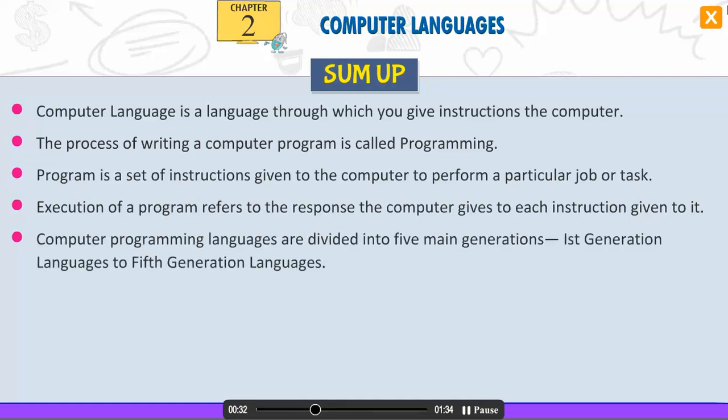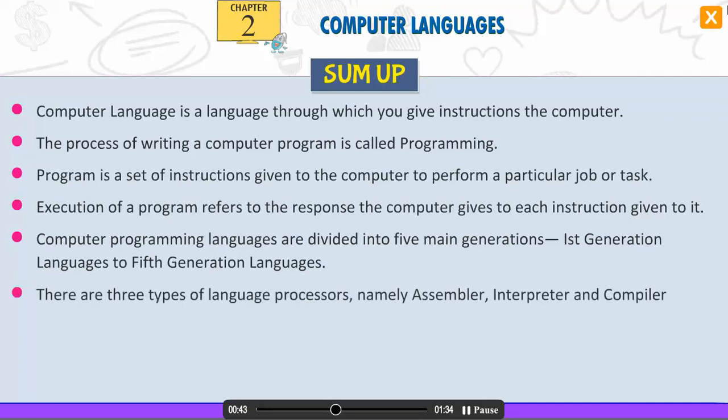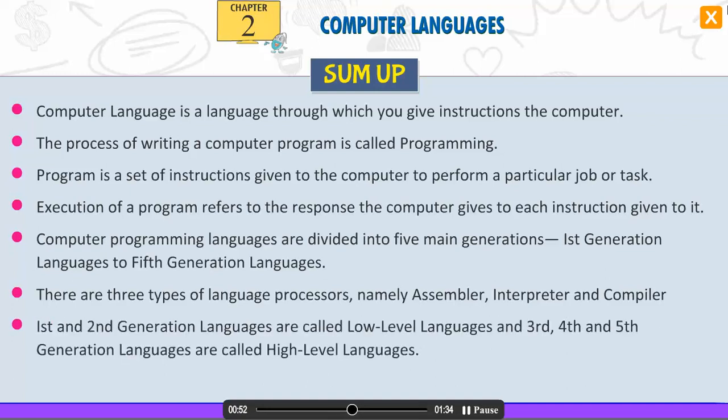Computer programming languages are divided into 5 main generations: first generation languages to fifth generation languages. There are 3 types of language processors, namely assembler, interpreter and compiler. First and second generation languages are called low-level languages, and third, fourth and fifth generation languages are called high-level languages.